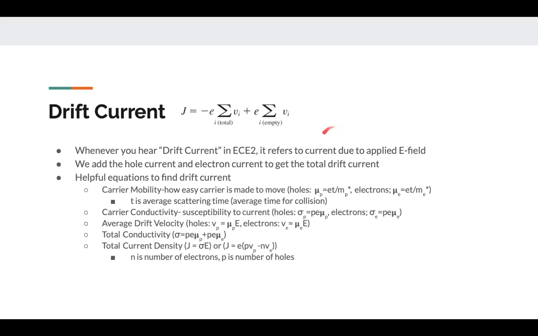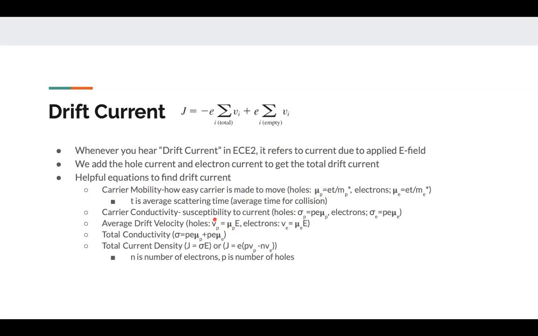Some helpful equations to get the total drift current are listed here. Carrier mobility is a parameter that defines how easy it is to make a carrier, an electron or hole, move. It depends on effective mass, average scattering time, which is the average time between collisions, and the charge, which is the constant there because we're talking about electrons and holes.